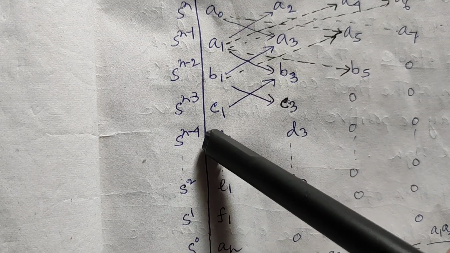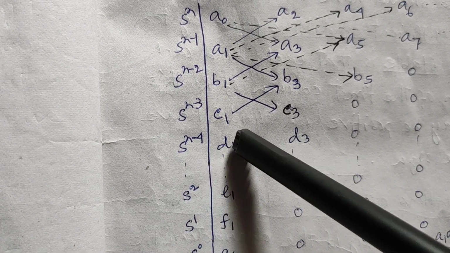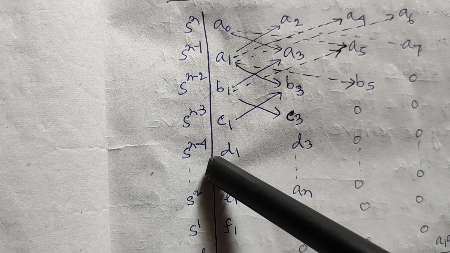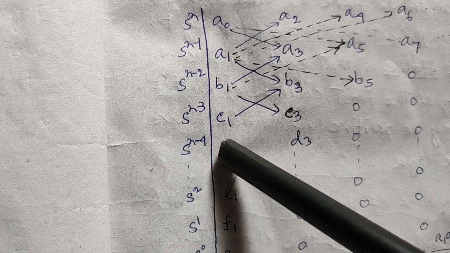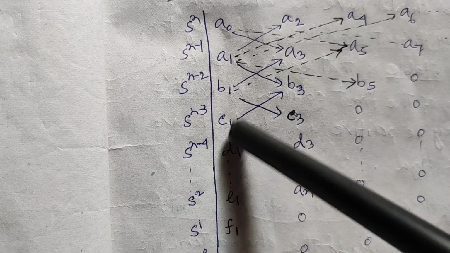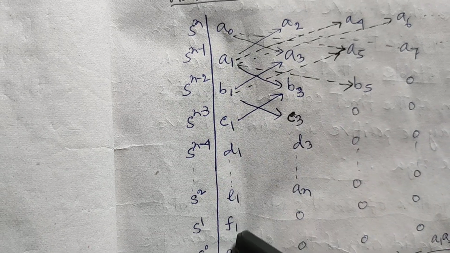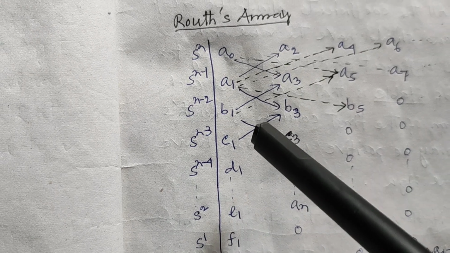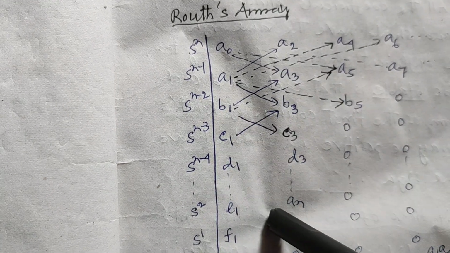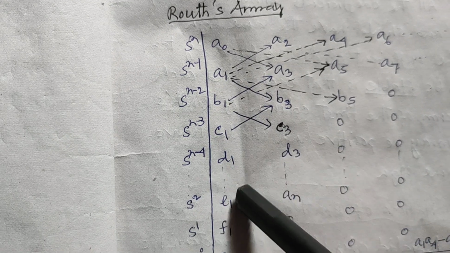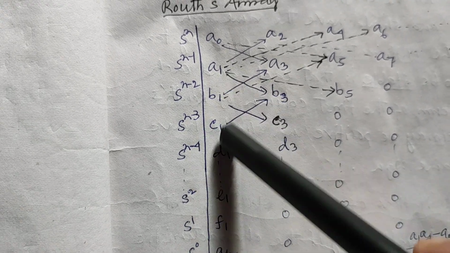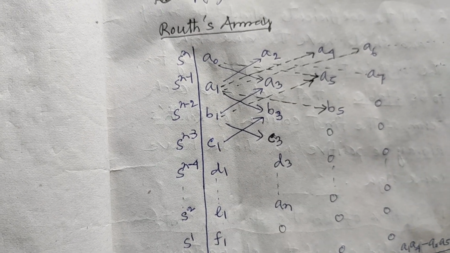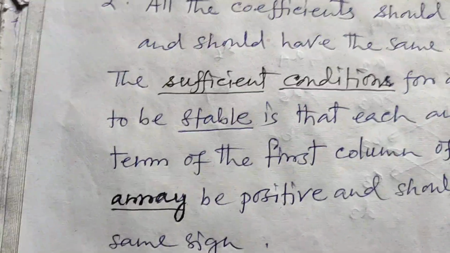If there is a negative sign, while the others are positive, there is a sign change in the first column, so the system is unstable. So the system is stable according to Routh's array if all the coefficients in the first column have the same sign and are real.